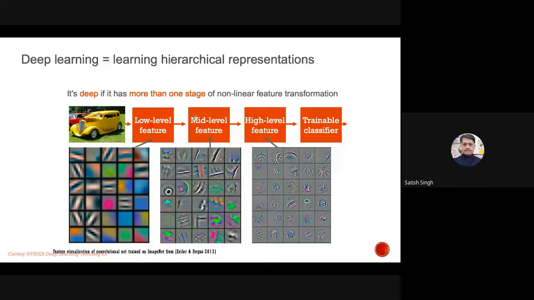Low level L1, L2, L3, mid level M1, M2, M3, high level H1, H2, H3. And H3 will be the highest level feature, or you can say the most abstract features. Human brains recognize this way, and that's why these kinds of models have been correlated with the human brain and called deep learning.